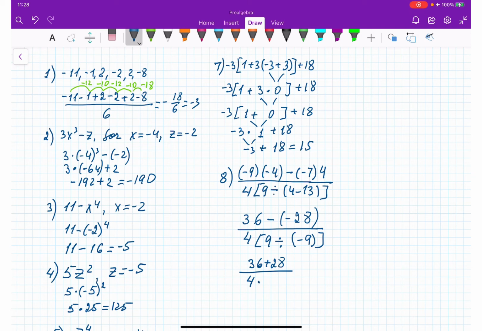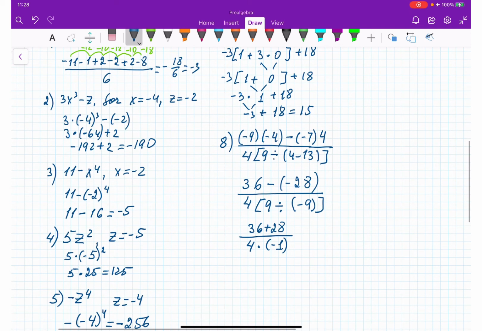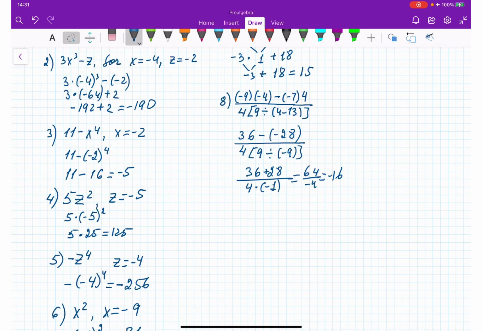It's going to be negative 1. And the result is 36 plus 28. 6 plus 8 is 14. 1 in mind. 3 plus 2 is 5. And 1, 64. 64 divided by negative 4. It's going to be negative 16. Number 9.